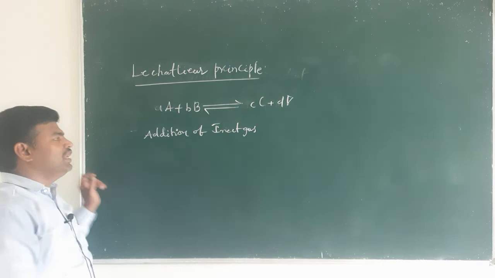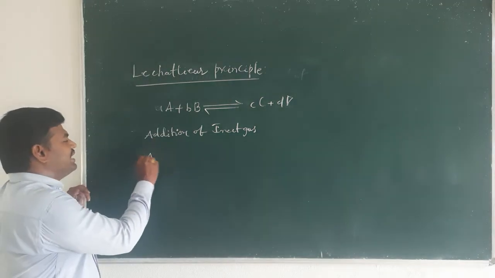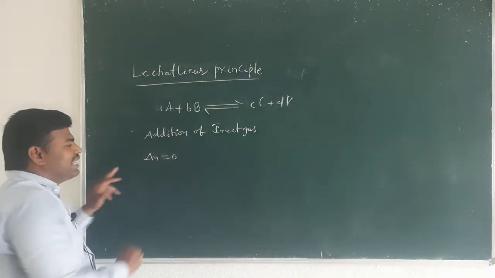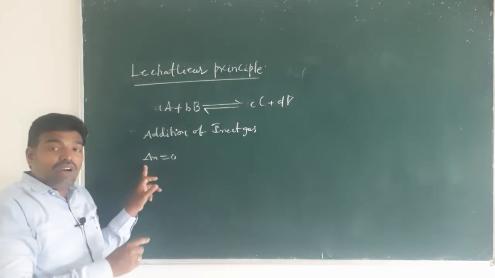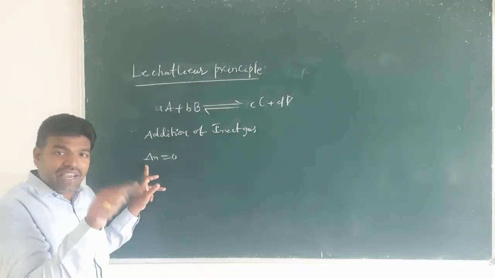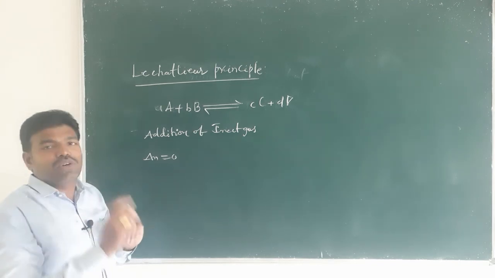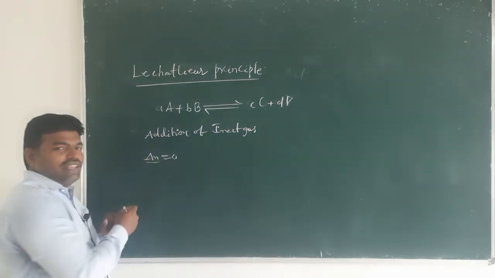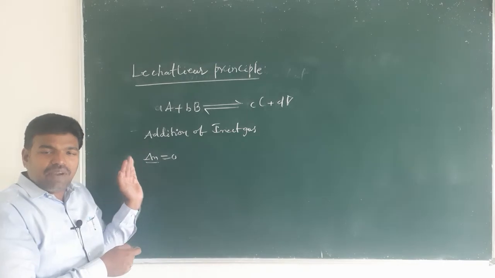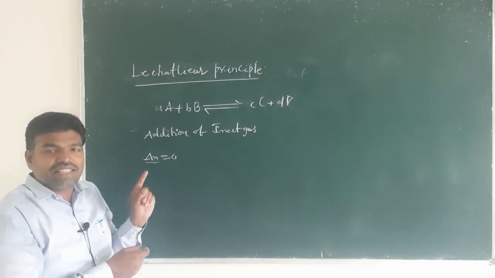For example, in a gaseous reaction where delta n is equal to 0, delta n means the number of moles of gaseous products minus the number of moles of gaseous reactants.